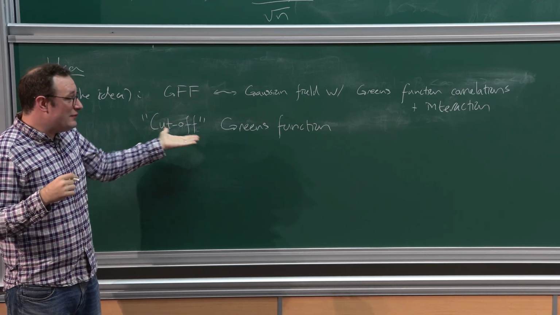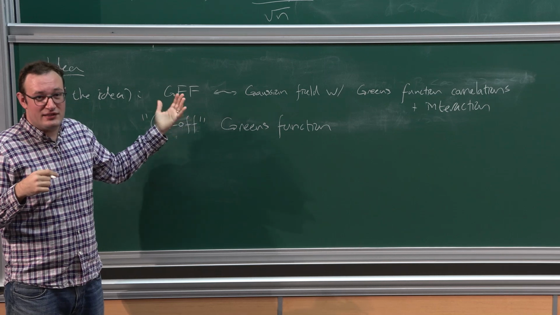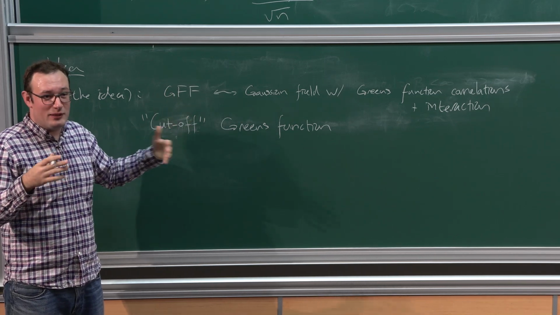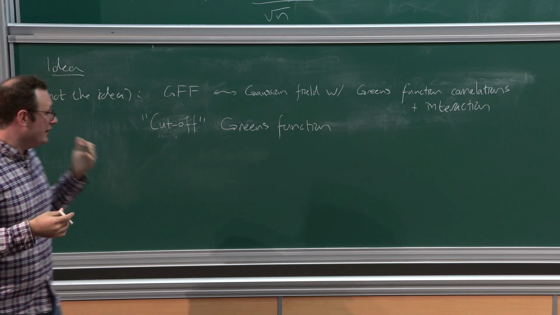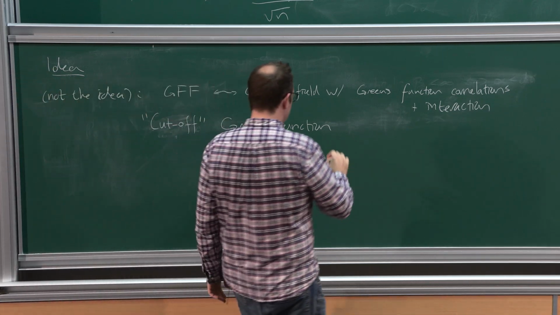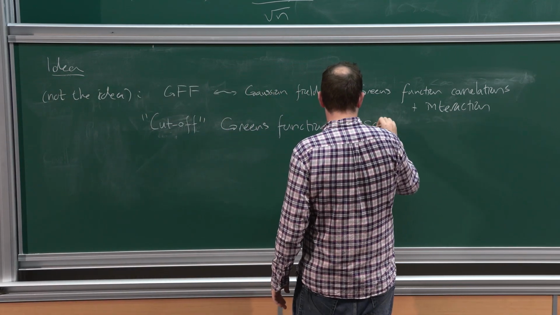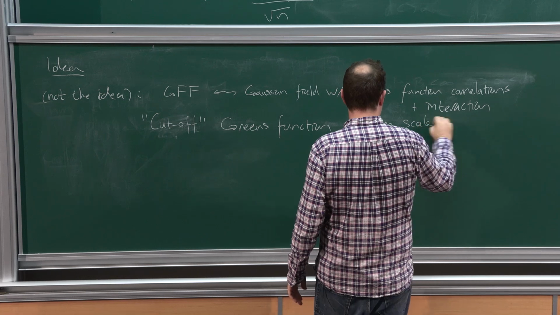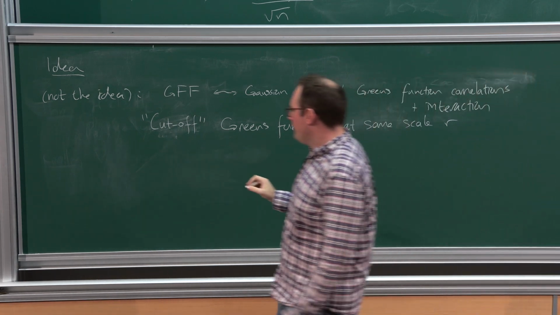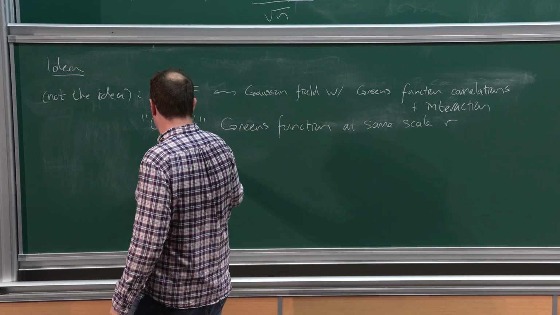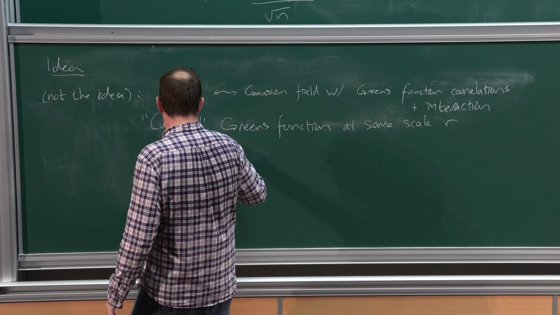Now there are many ways that you could do this, and the precise choice of how to do this is a big part of the art of doing these kinds of arguments. And you get some scale r. And then what you want to do is understand how quantities depend on r.